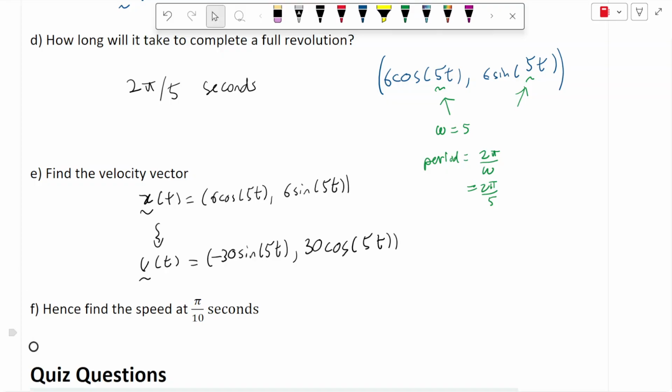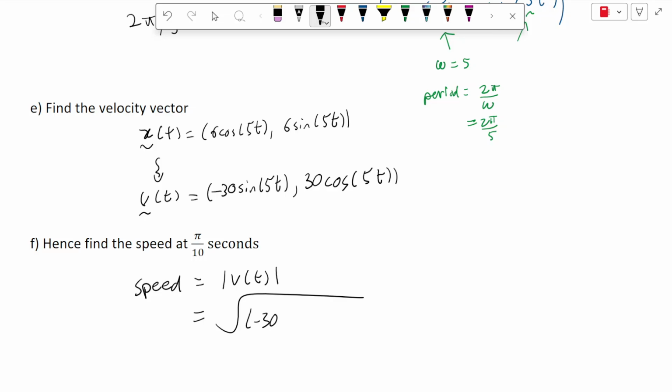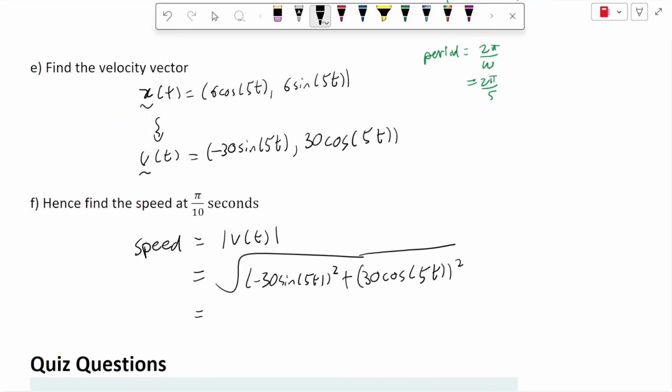And hence find the speed. So speed is the modulus of velocity. So this is going to be the square root of minus 30 sine of 5t all squared plus 30 cos of 5t all squared. And if we do that, you're going to get 30 squared as a common factor, and sine squared of 5t plus cos squared of 5t.